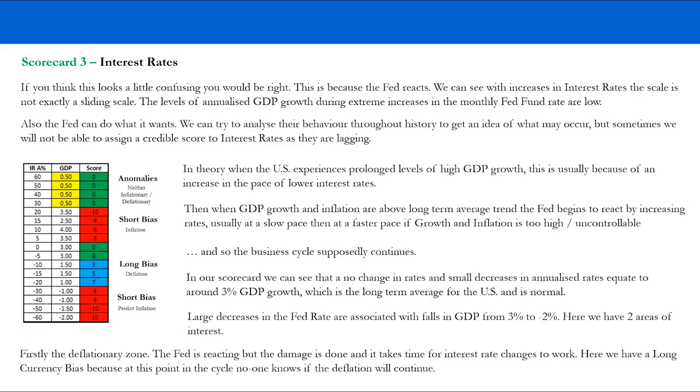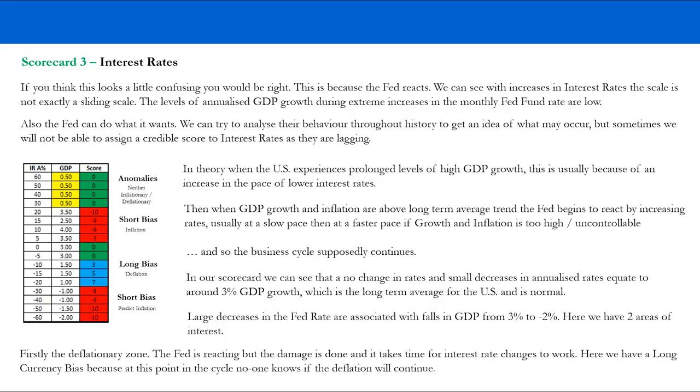And when we're building systematic processes in economics, we have to look at what's right in the majority. Now, with interest rates, in theory, when the US experiences prolonged levels of high GDP growth, it's usually because of an increase in the pace of lower interest rates.